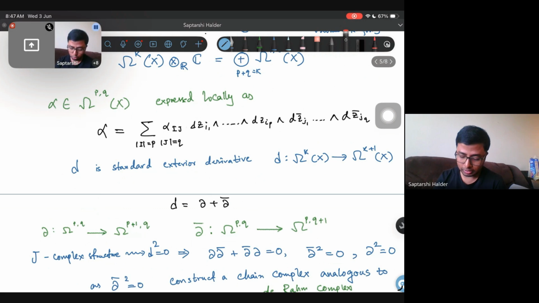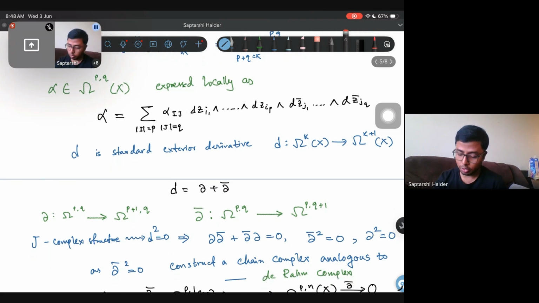Now we know what d is, the standard exterior derivative as in real differentiable manifolds. d will take a k-form to a (k+1)-form. That is what we have seen in real differentiable manifolds.